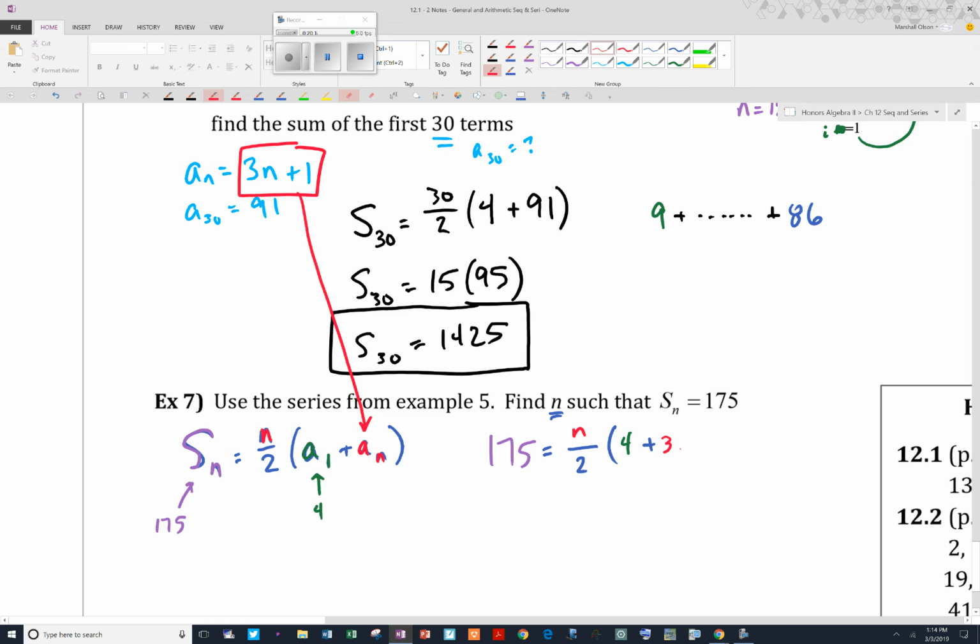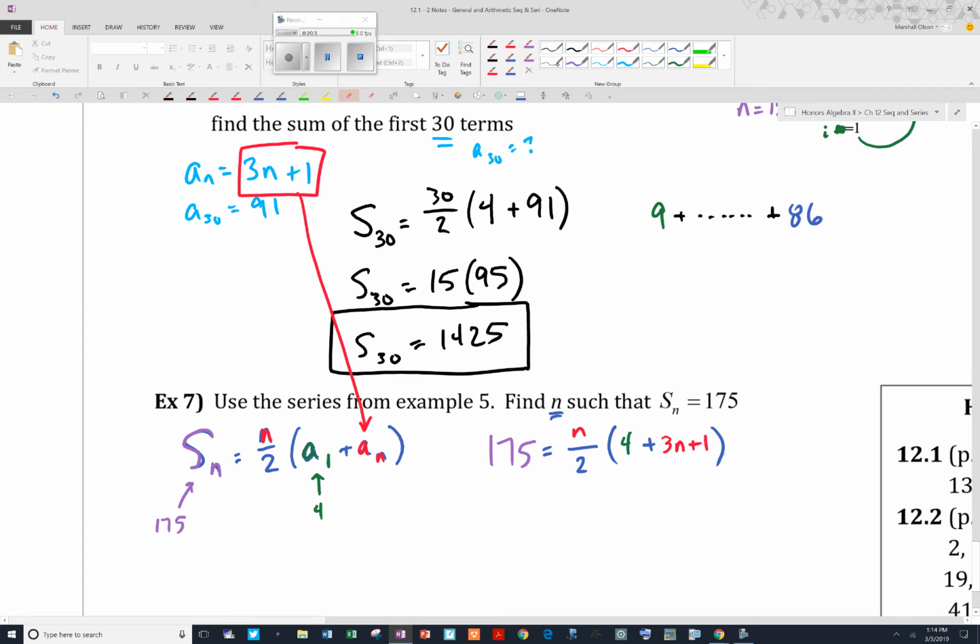We're going to use 3n plus 1 for a sub n. And here's why that's the right thing to do. Because look at how we only have one unknown variable right now, just the n. So we can easily solve for that n.